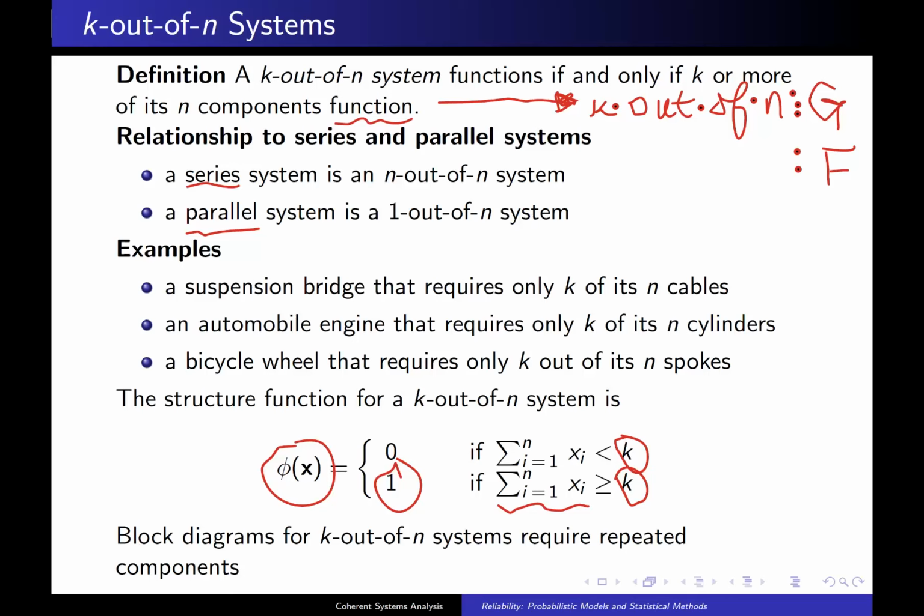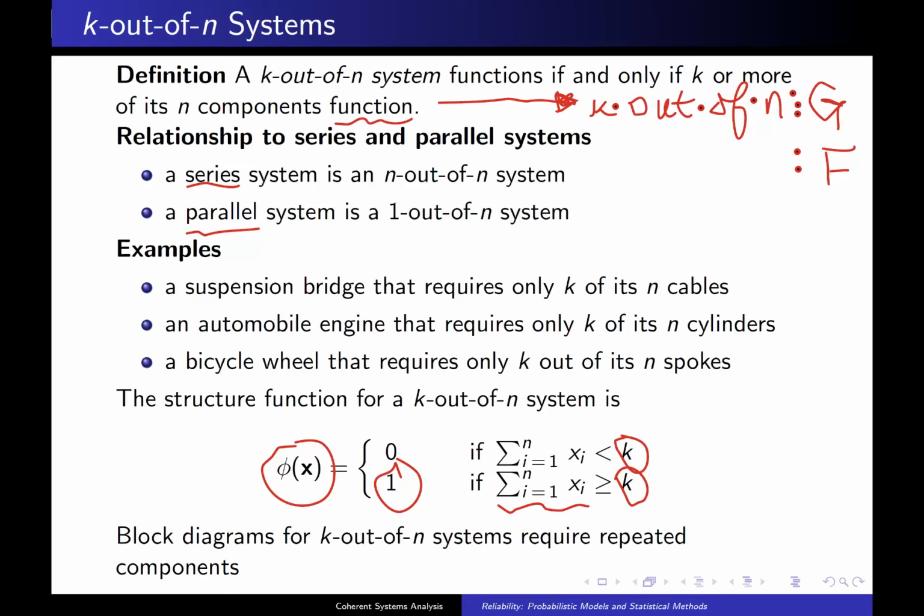For example, if a bicycle spoke fails and the wheel is still operating, if another spoke is to fail, you don't want it to be the spoke right next to the failed one because that's a weaker tire. You want it to be in another spot on the tire. So consecutive K out of N systems consider where the particular failures occur.